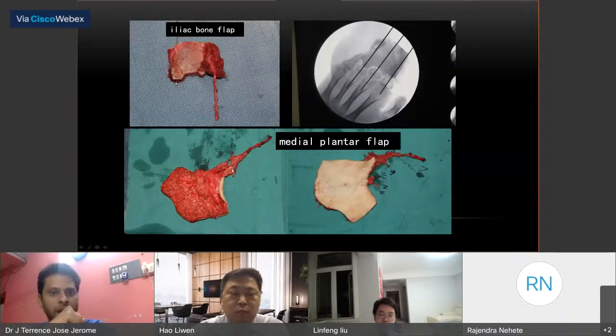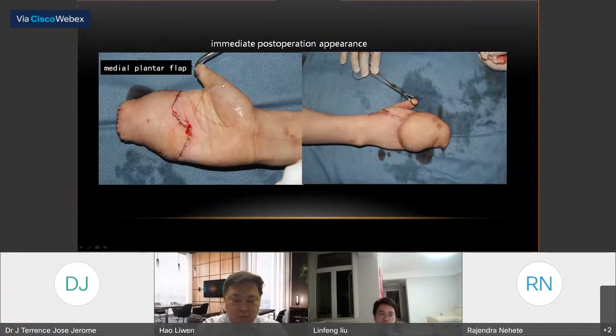This is the bone, this is the medial plantar flap, and this is the post-operative appearance.